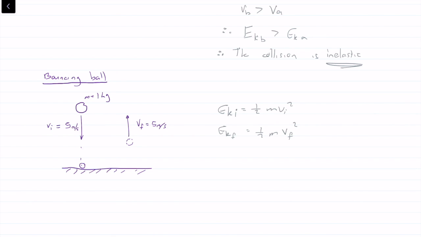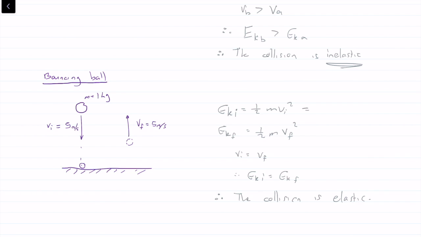Okay, and the mass and the half are constant, and velocity initial equals velocity final. Therefore, EK initial is equal to EK final. Then we can say, therefore, the collision is elastic.